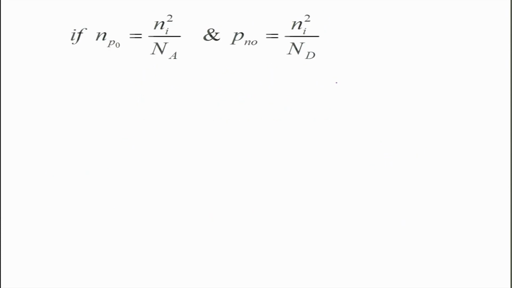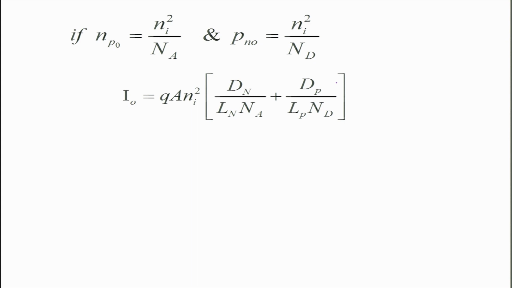We know what Np0 and Pn0 are, and if we replace them, we get I0 equal to qA ni squared into Dn divided by Ln Na plus Dp divided by Lp Nd. So you can further tweak these equations. For example, if Na was a lot larger than Nd, which means the p side was more heavily doped than the n side, then this is almost equal to qA ni squared into Dp divided by Lp Nd.